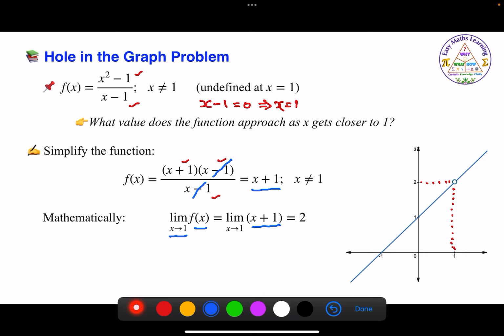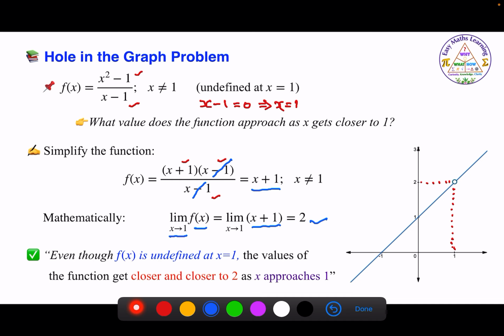So limit x tending to 1, x plus 1, it will be 2. Okay. So in this example also function is undefined at x equal to 1, but the value we are getting is 2. Means as x approaches 1 from both sides, the function gets closer and closer to 2. So we can say 2 is the limit of this function.